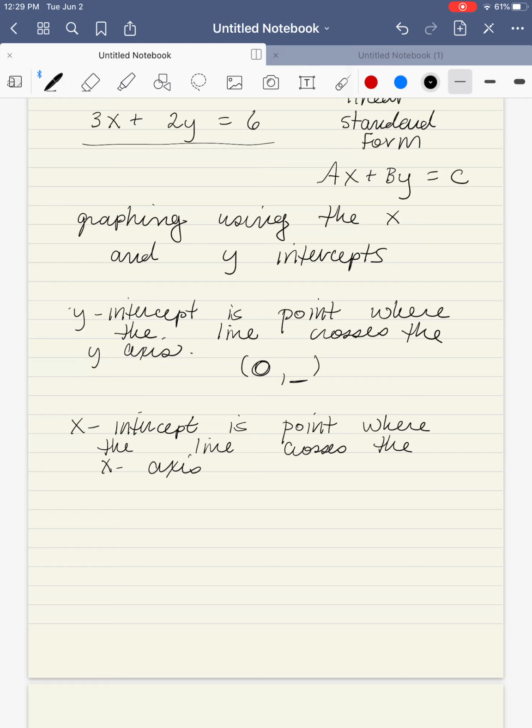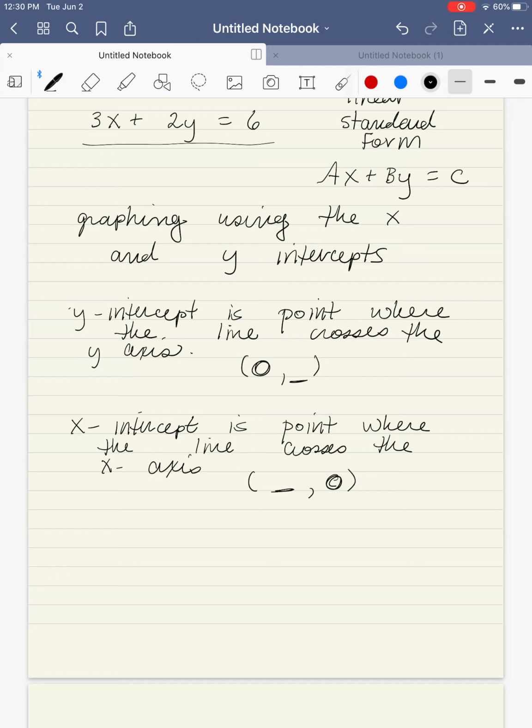So if it's on the x-axis, that means it's not going up or down at all. That point, the y has not changed from 0. So you're always going to have an ordered pair of some x, but my y will always be 0.